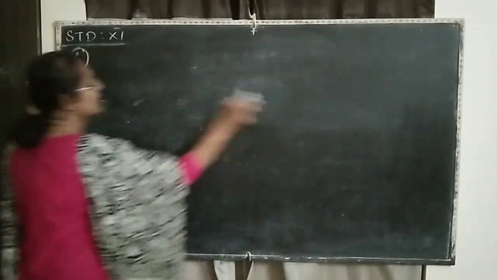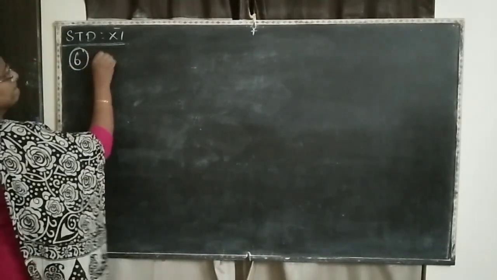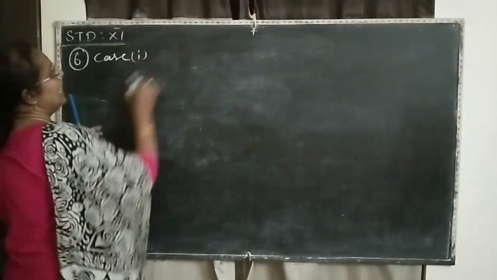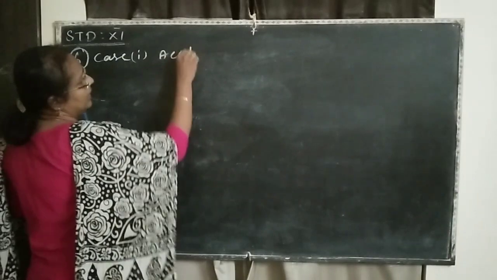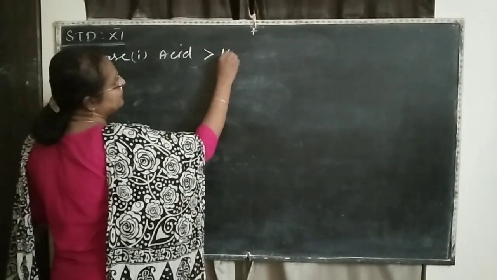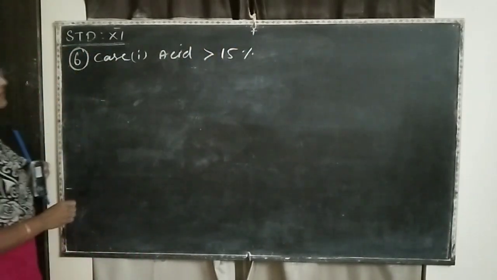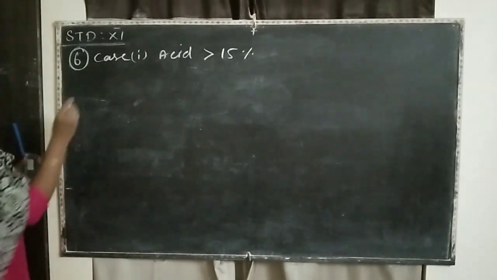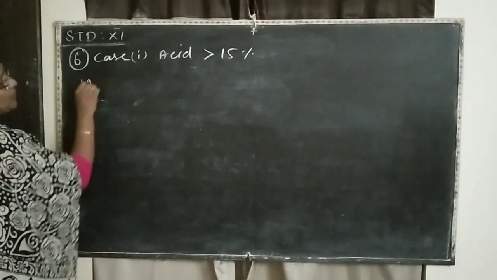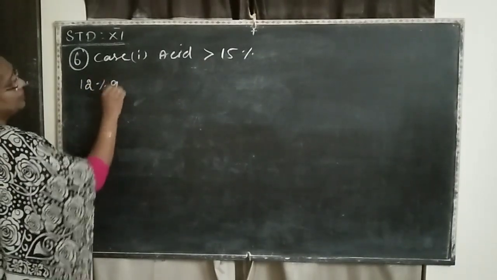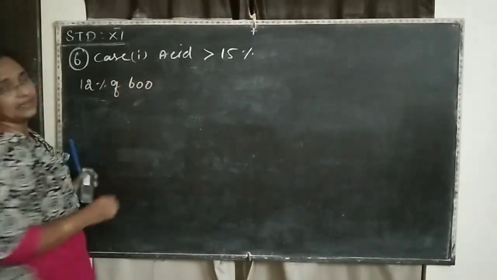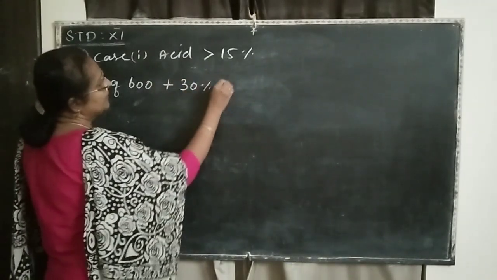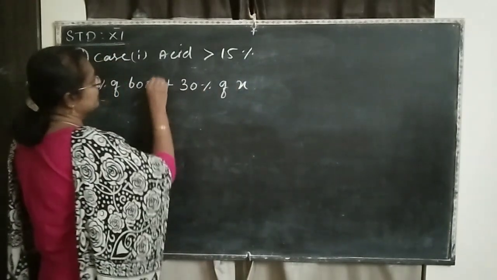So first case தனியா நம்ம பார்க்க போறோம். Case 1, acid is greater than 15%. It should be greater than 15%. அப்போ அந்த mixture of solutionல என்னென்ன இருக்கு பாருங்க. 12% of 600 liters இருக்குதானே? Yes or no? Plus 30% of x liters இருக்குதானே?